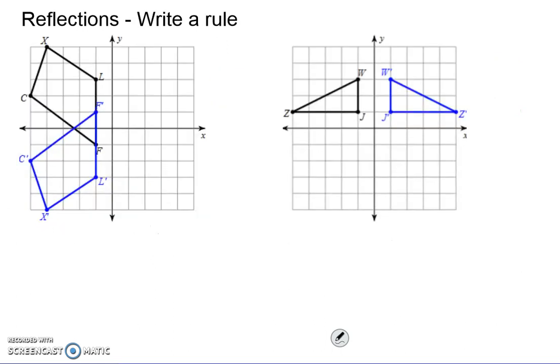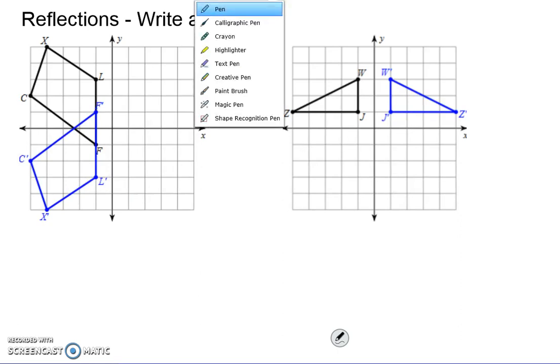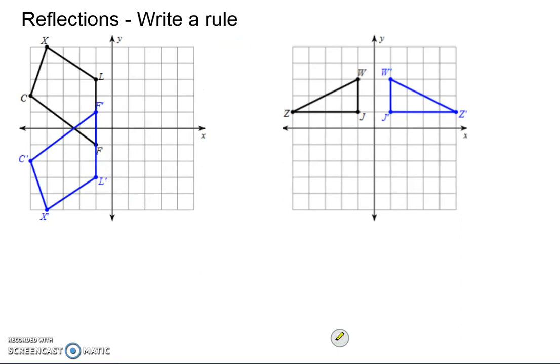So let's look at just writing a rule. If I look at this, most of the time with reflections you could tell by looking at them. But one other thing you can check is the orientation of your points. So what I mean by that is the order of the letters.